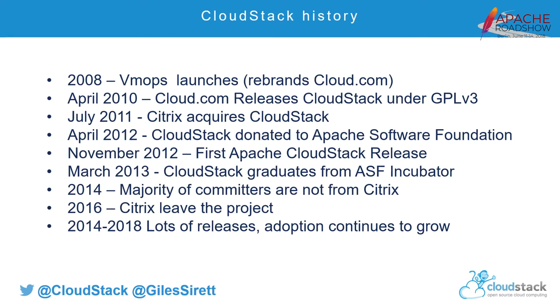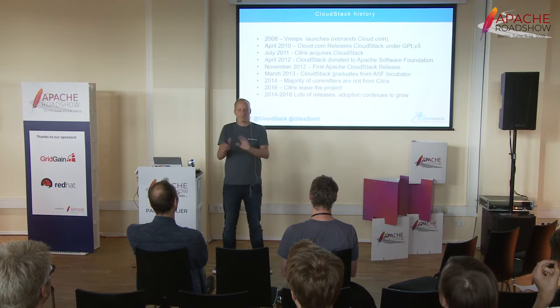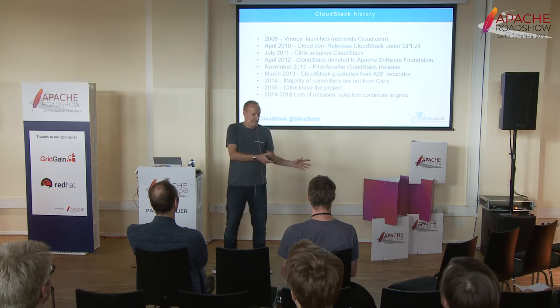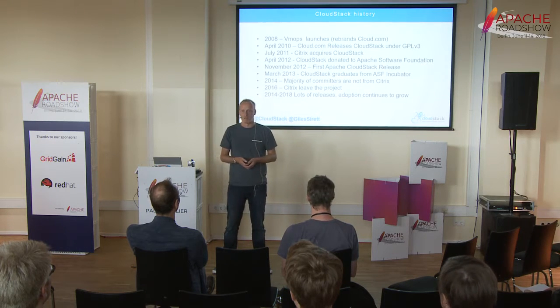They got acquired by Citrix, who wanted to get hold of this thing and saw a commercial model around it, and quite quickly realized with other things that were going on in the space that open source was the way forward. So they took the code, the intellectual property, the trademark and everything, and donated it into the ASF. And that's when people like us got involved once it became an open source project.